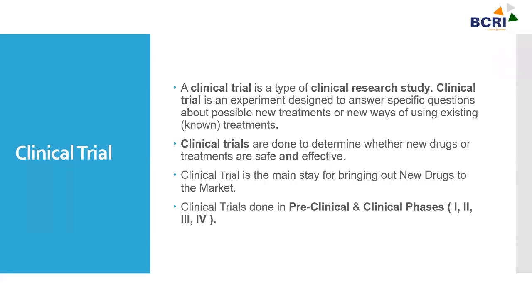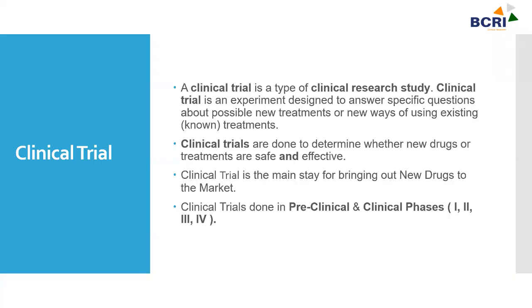So whenever a drug or device manufacturing company hypothesizes that their product is going to prevent cancer by blocking a certain pathway and preventing the conversion of a proto-oncogene to an oncogene, in order to prove that their molecule or product does that, they have to perform certain experimentations. And those experiments are termed clinical trials.